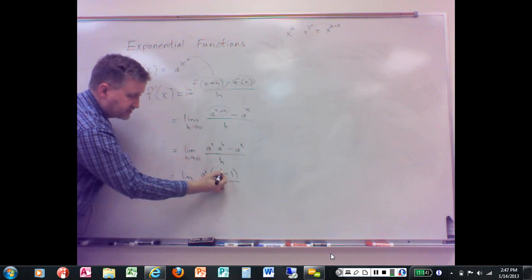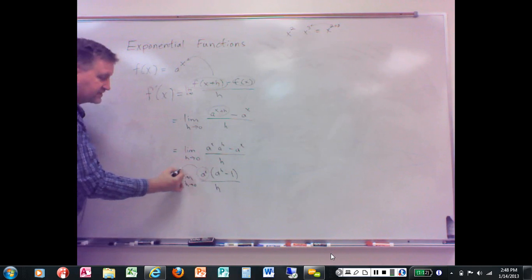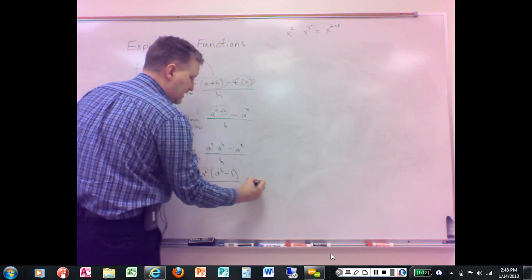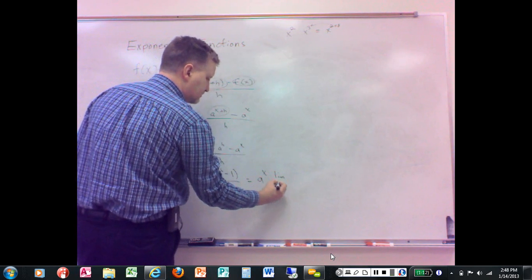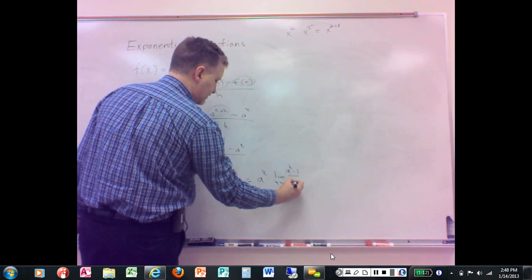I'm letting h go to 0. This a to the x doesn't have an h in it, so I can just pull that out because it's not at all dependent on h. So it's a to the x times the limit as h approaches 0 of a to the h minus 1 over h.